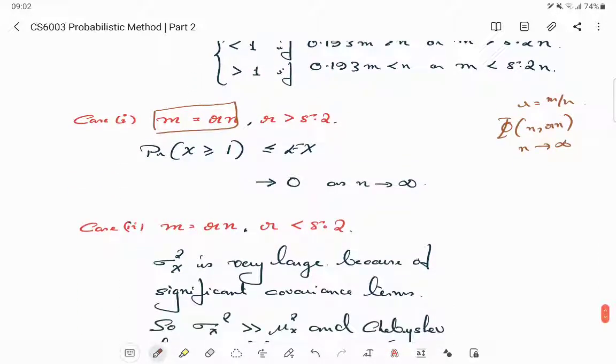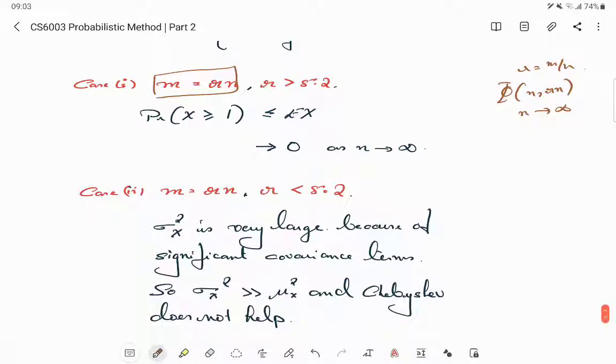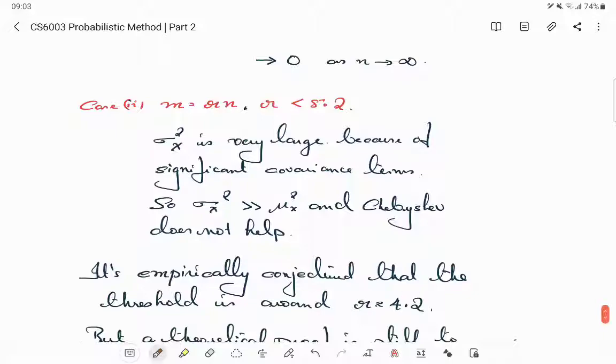In the other case, it's nothing fortunate or unfortunate, it's just a fact of nature that the variance is very large, so you really cannot use the Chebyshev bound in this range. In fact, you will not be able to show that sigma squared is little-o of mu squared. And empirically, people have studied it and they know that this 5.2 is not the real threshold. What is conjectured is that the threshold is somewhere around 4.2 based on experiments.